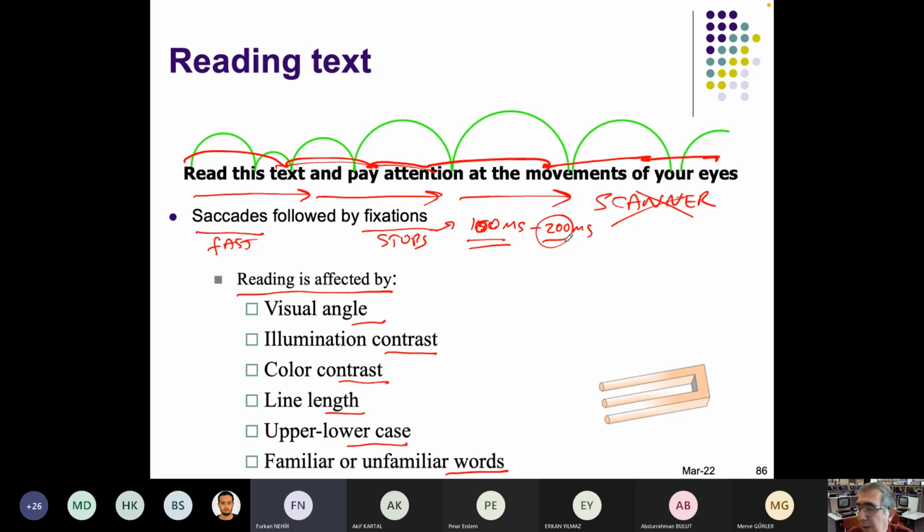And furthermore, I realized that it also changes when you are reading a foreign language. If you are reading a foreign language text, English as a foreign language, like we are doing now, our brains work differently than native English speakers.